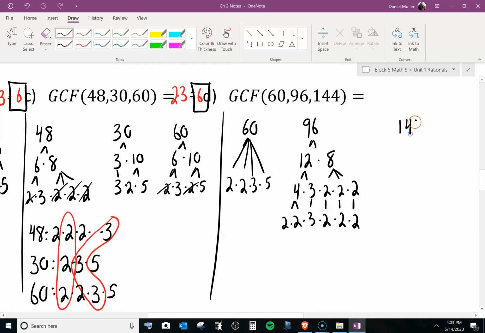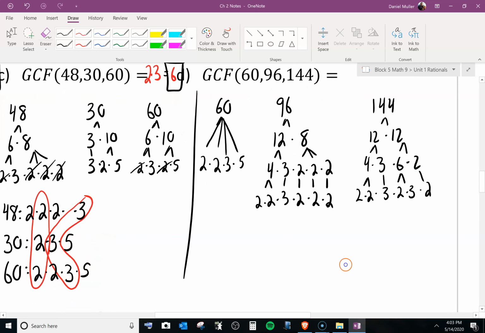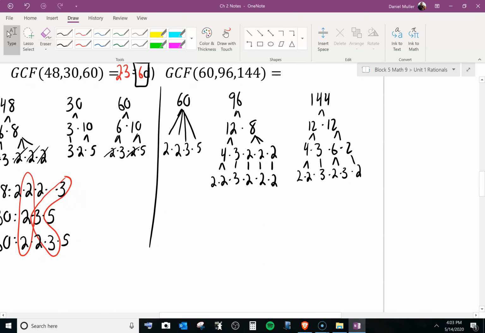And 144, well, that's 12 times 12, which is 4 times 3 and 4 times 3, divided into 6 and 2. So 2 and 2 carry down the 3, 2 and 3 carry down the 2. So I'm going to have to write this out. 60.